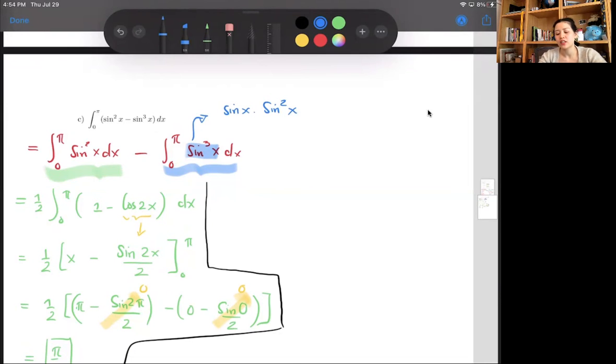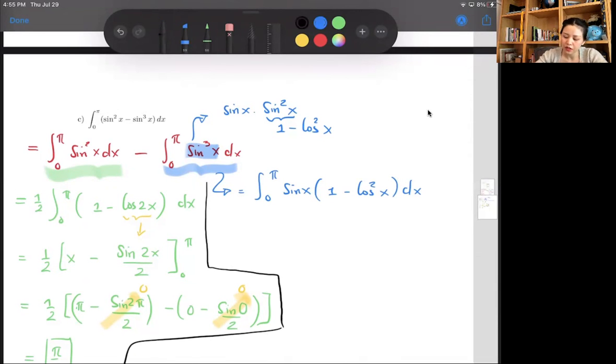Now we know that sine squared x is equal to 1 minus cosine squared x, one of the Pythagorean identities. So this is equal to the integral from 0 to pi of sine x times the quantity 1 minus cosine squared x dx.